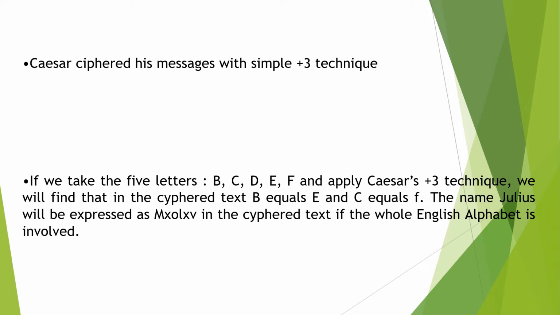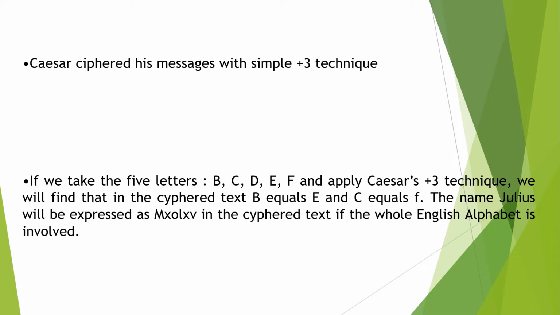hiding their real content. Unfortunately, there are several flaws with Caesar's communication model, because he used a simple +3 technique. The communication participants knew in advance that each letter in his message in reality meant another letter, the third one after it, in the Latin alphabet. Let us take 5 letters of the English alphabet for demonstration.